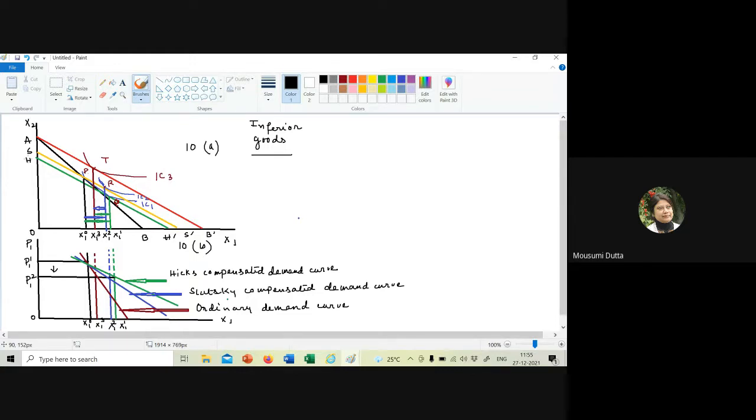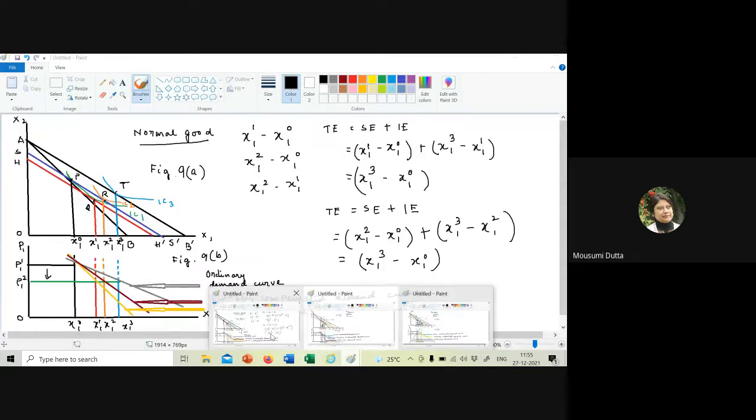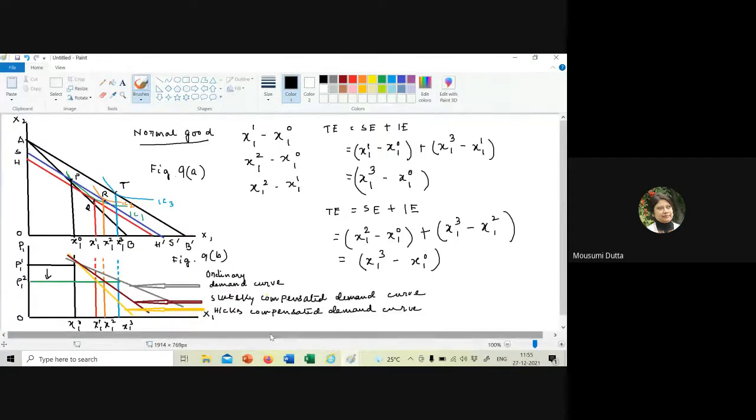Now, if you consider the case of the normal good, having more income, you will spend more on X1 or less on X1? You have more income in your hand with Slutsky compared to Hicks.